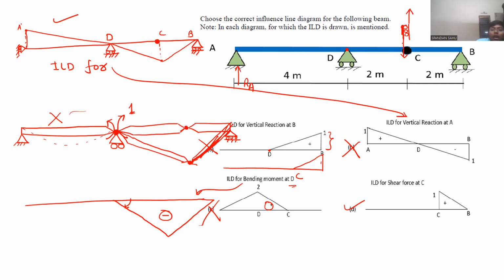Now, when you pull it downward, the left side will try to take the shape like this. Is this linear or non-linear?